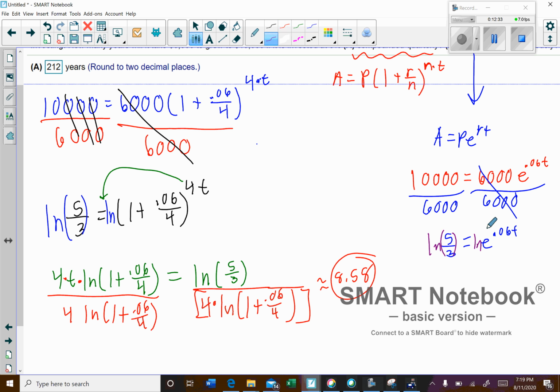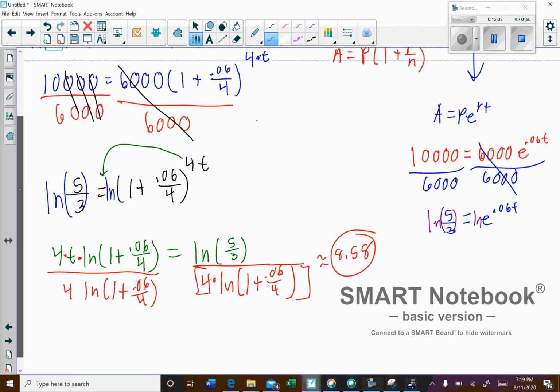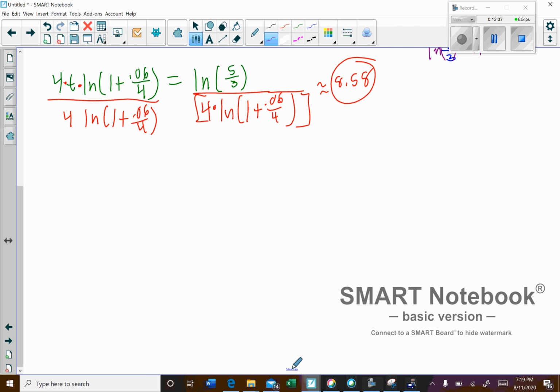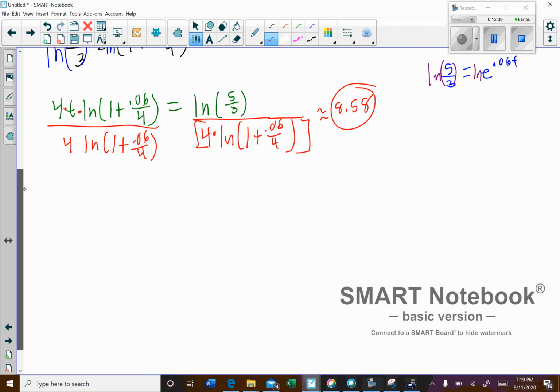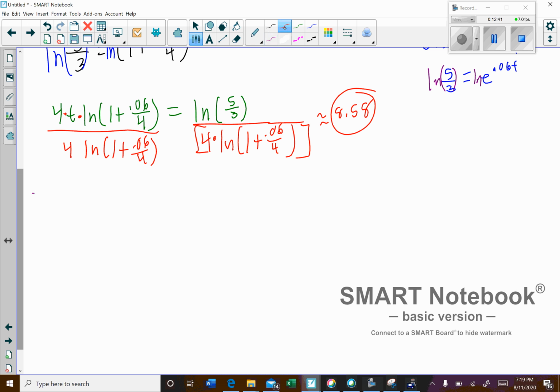The natural log and e cancel out, so I'm left with 0.06t equals the natural log of 5/3. Then we divide by 0.06, that cancels out, and t equals, and we'll put this in the calculator again.